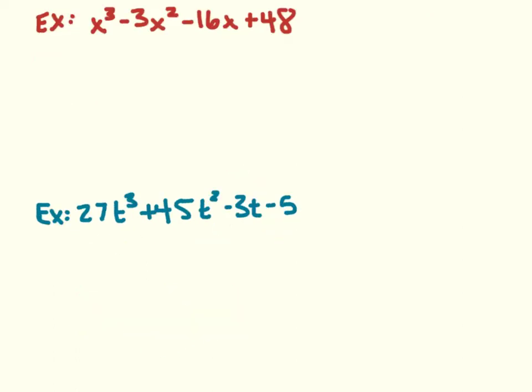Alright, let's try it out. I'm going to group for x cubed minus 3x squared minus 16x plus 48. I'm going to group these two things together, and I'm going to group these two things together. So, what do x cubed and negative 3x squared have in common?